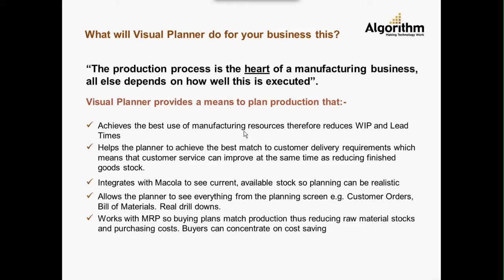Again, it works with Macola, it works with MRP, reorder advice reports, so your production plans are matching your material plans, helping the buyers concentrate on cost savings, helping you to bring materials in when you need them, when you want to start production, not too early, not too late.